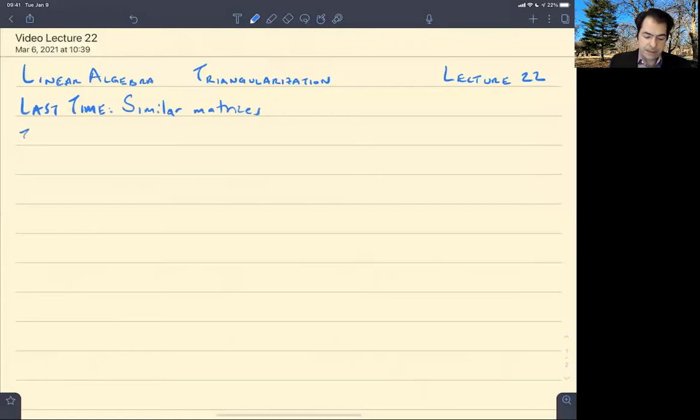This time, well, given that you have these different matrix representations, we can start asking for what is the best matrix associated to a given linear map.